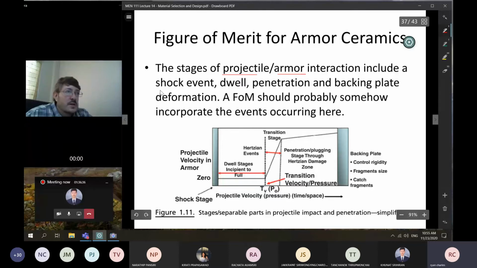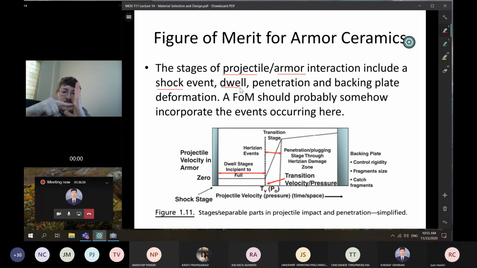There are things like shock and dwell. Believe it or not, when you shoot a bullet at something, it doesn't just go right through it. In something like a ceramic, it dwells on the surface temporarily. The back of the bullet's moving, but the front of the bullet is stopped on the ceramic.